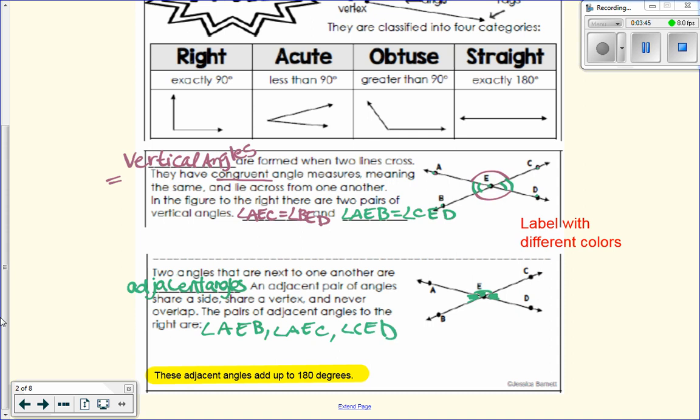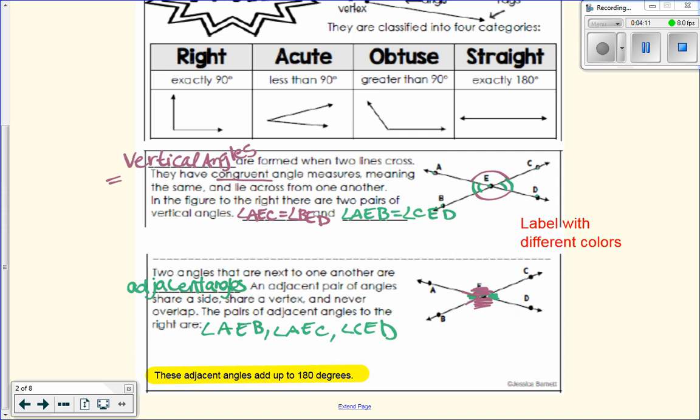Also, I changed colors here. This angle is also adjacent. It's right next to this angle and this angle. Are we good with adjacent? It's like your shoulder partner. It's an angle next to another angle.